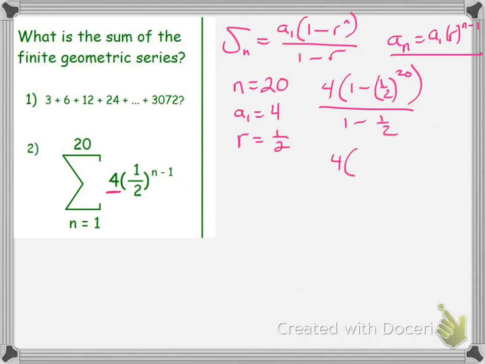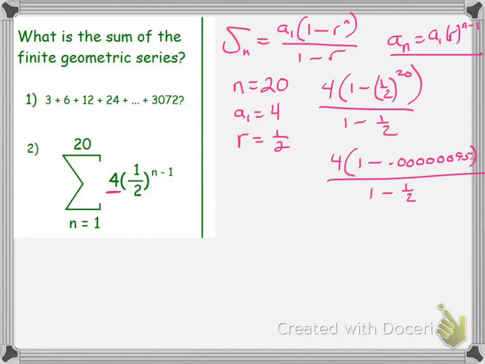4 times 1 minus, this number becomes really, really small. So when I do 1 minus a really, really small number, it's going to be approximately 1.